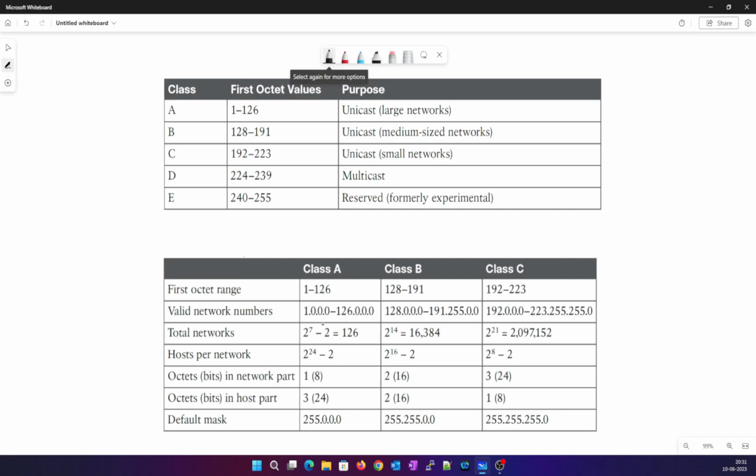We have 8 network bits in class A, 16 network bits in class B, and 24 network bits in class C. That is what it says here. In class A, the first octet has 8 bits. Sorry, class B has 16 and class C has 24. Meaning 8 bits mean 1 octet, 16 bits mean 2 octets, and 24 bits mean 3 octets.